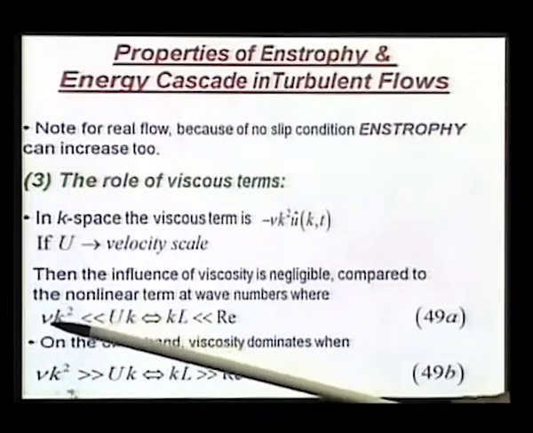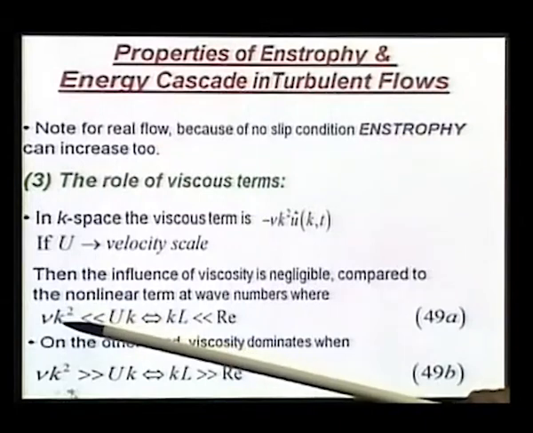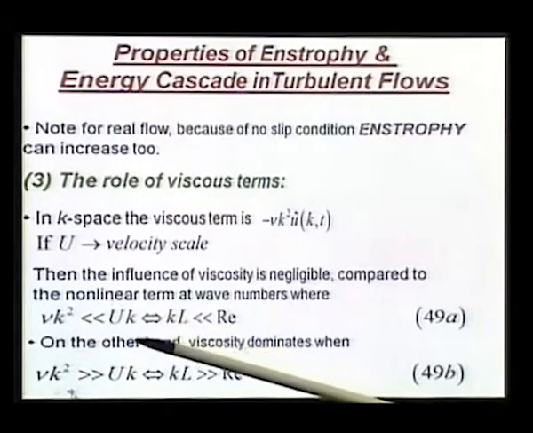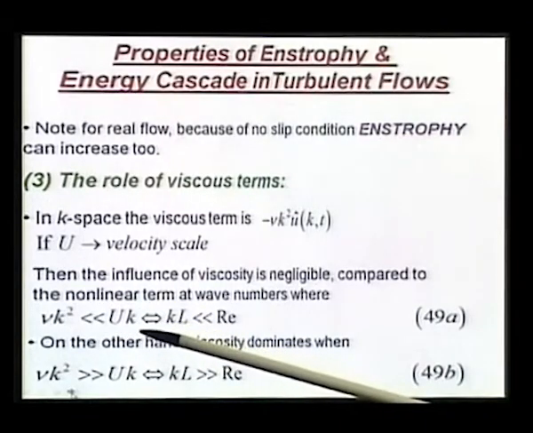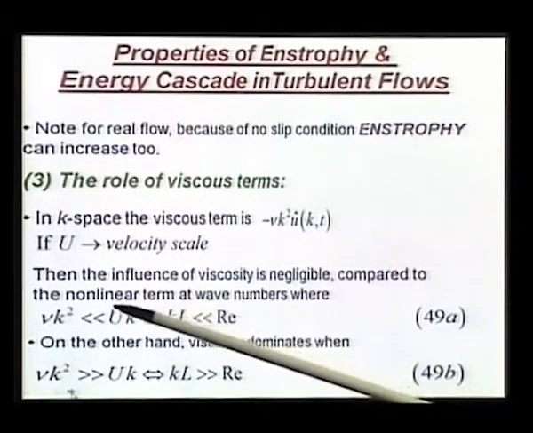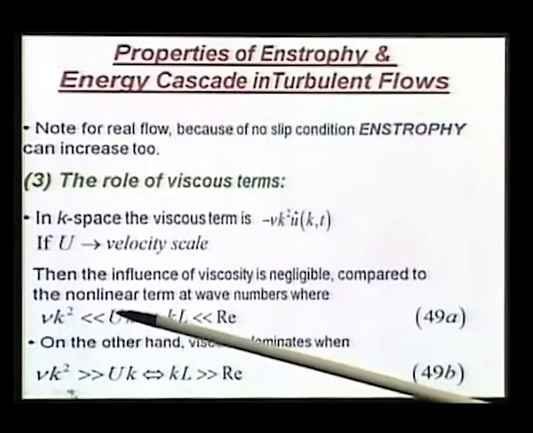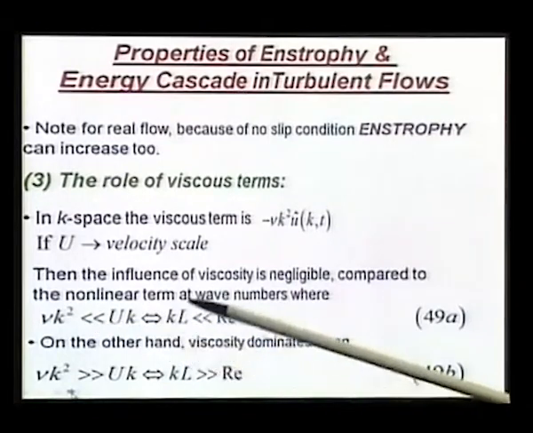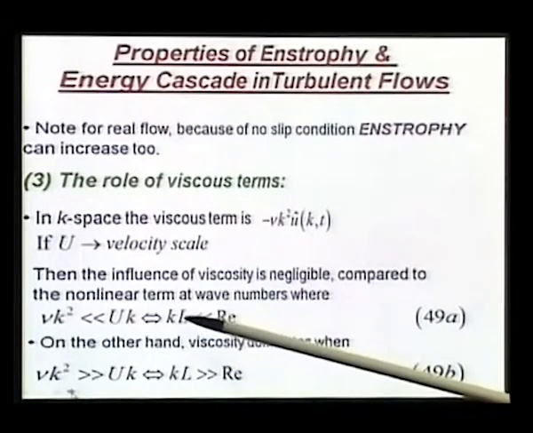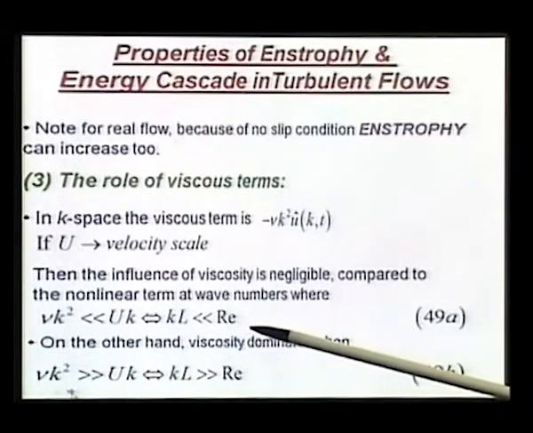So, this is your viscous term, nu k square, and this is your convection term like del u del x term. So, del u del x will be nothing but i k times u. So, that is this. So, if viscous term is less, then what does it correspond to? That this k L is much smaller compared to Re.